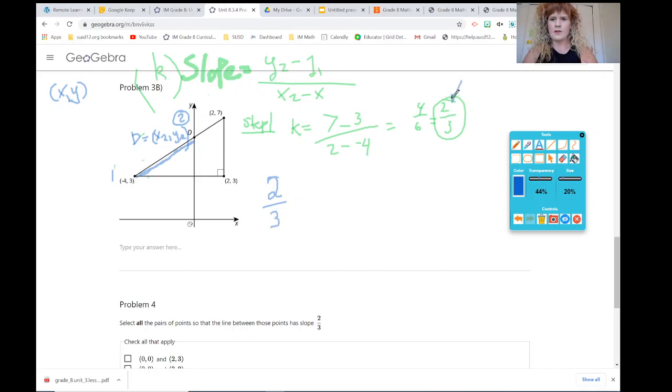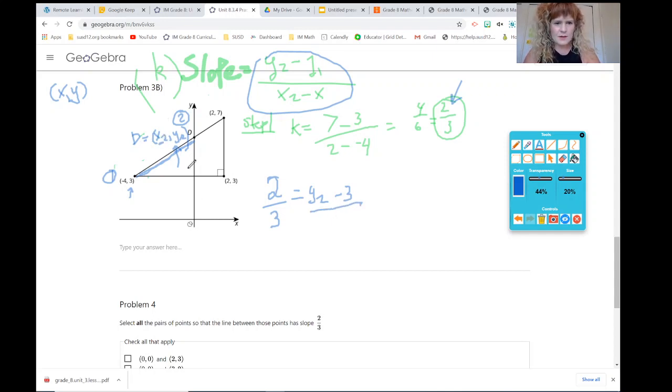We found that in the first step. 2/3 equals, now use this equation again. y2, which is what we're solving for here, minus y1. y1 is in point 1 here. This is our point 1. So that's y2 minus 3 over x2.